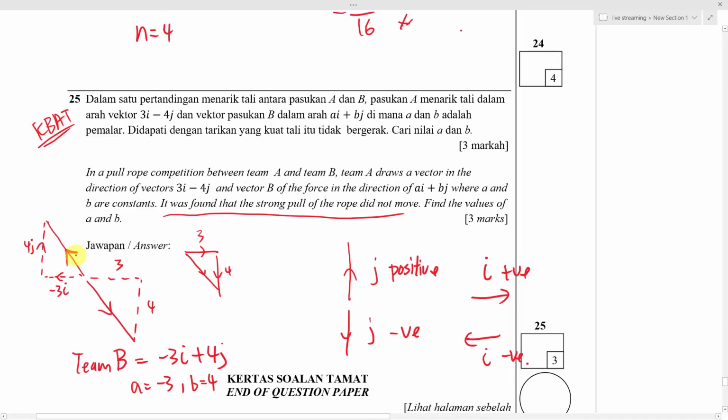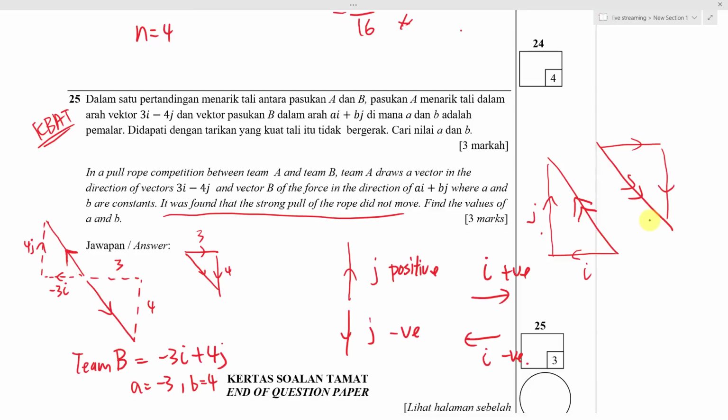You cannot simply add the vector like what you like. If this vector is going in this direction, then that means this one is a redundant vector. That means it must be this vector plus this vector, i plus j. But if the arrow is facing this direction, then it will be this vector plus that vector. So you need to be very careful where the arrow is pointing. Then you should be able to know why it is positive 4j and not negative 4.